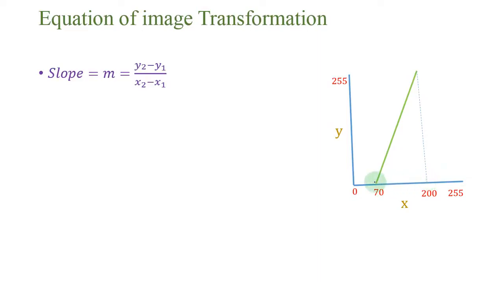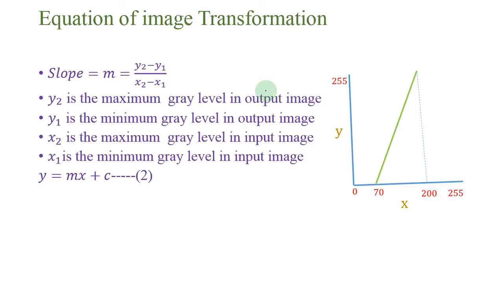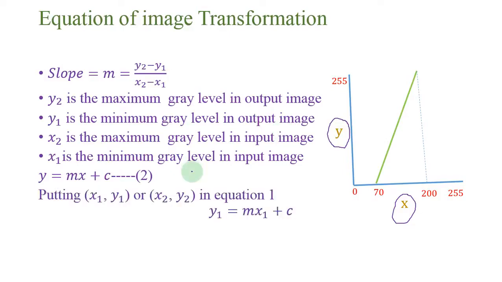So we will map this 70 to 0 and will map 200 to 255, and calculate the values in between y1 and y2 using the equation of straight line. Remember that here x is the input image and y is the output image, which will be a high contrast image. Similarly, we will calculate the value of c.